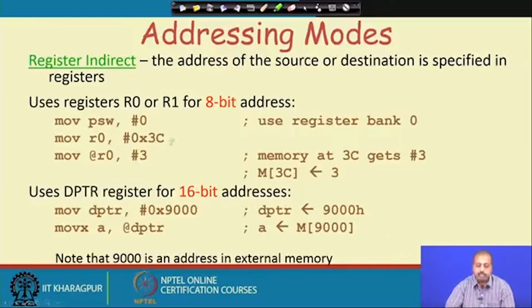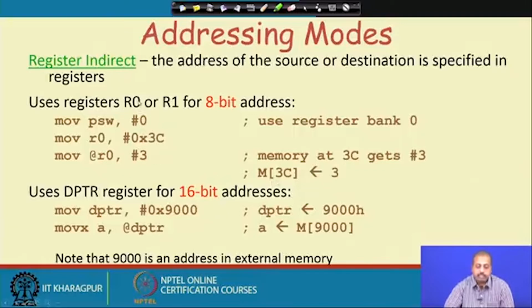Since R0 has the value 3C, this 3C will be used as the memory address. So when we execute MOV @R0, #3, memory location 3C will get the value 3.